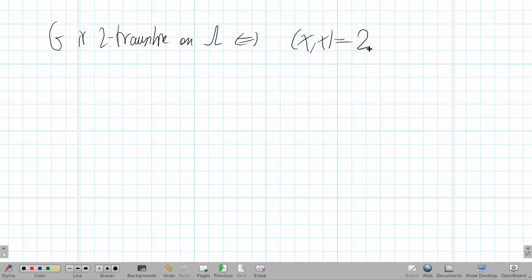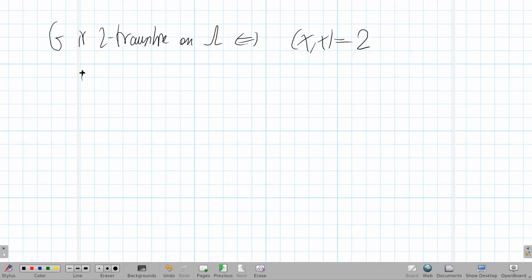Okay? Remember, the intermediate step is because this is telling you that the number of orbits of G on pairs of elements of omega is exactly 2: the diagonal and everything off the diagonal.